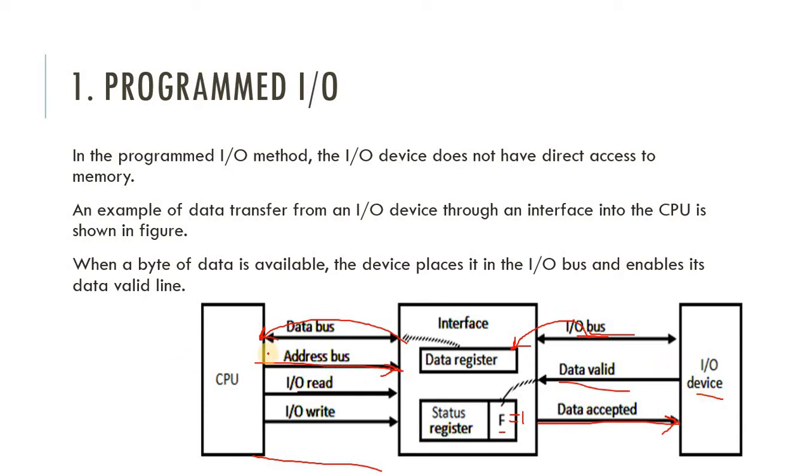At that time, the CPU fetches the address on the bus and performs the read operation, gets the data, and that is stored in the data register with the help of the data bus. Now the data of the data register will be transferred to the output bus, and this data is displayed on the IO device. So this is how the data transfer between memory and the input output device is done.